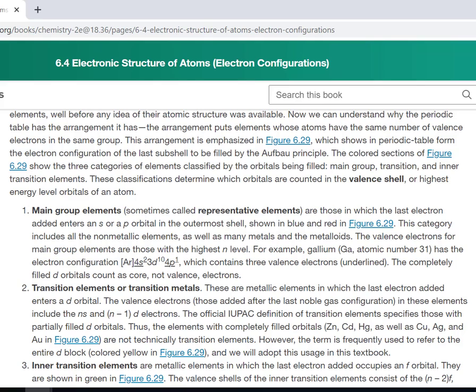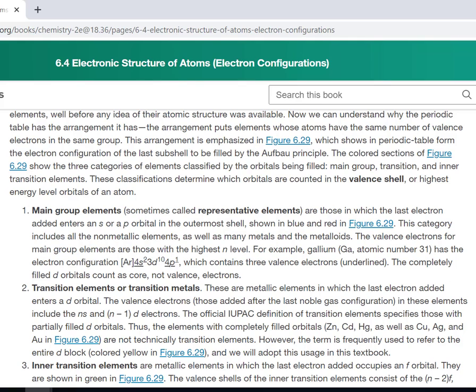So the valence shell, again, is the outermost shell of electrons, and that's where we have a lot of the chemistry actually taking place. So this is particularly true with the main groups or representative elements. So they could be called either one of those.